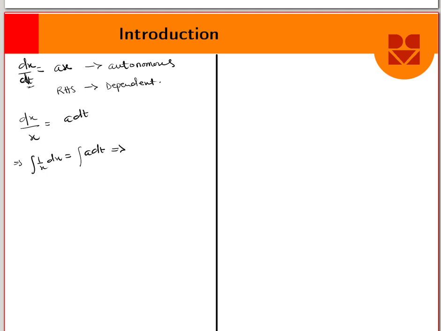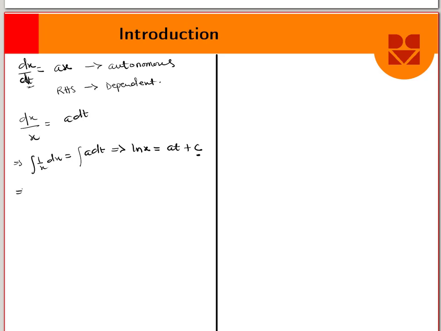Then this gives us ln x plus a certain constant, but I would like to move all my constants to the other side, so this becomes equals at plus a certain constant c.